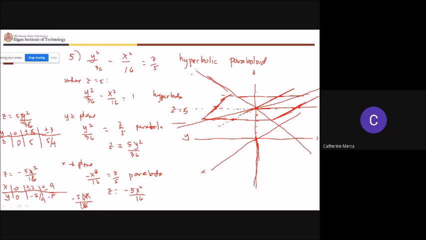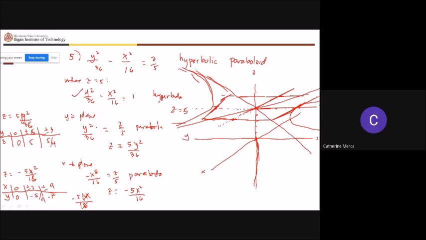Earlier these traces can be erased later. And this one also. That is the hyperbola. First, the hyperbola is drawn in the xy plane at z equal to 0.